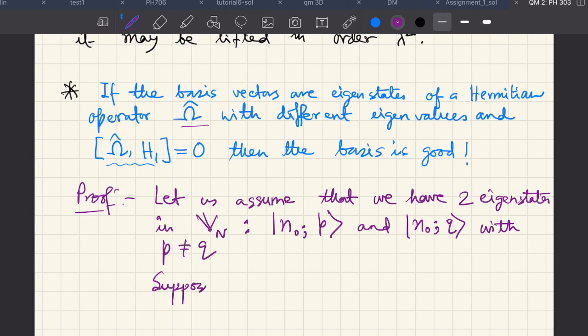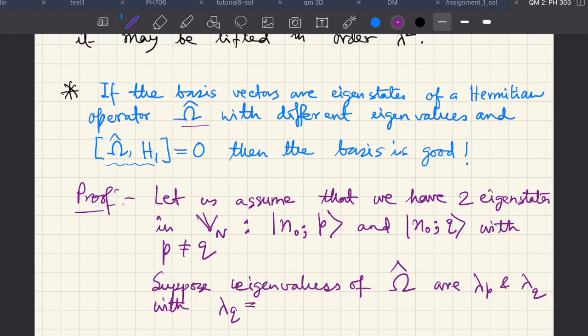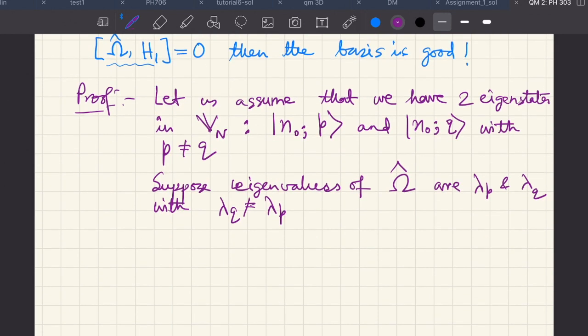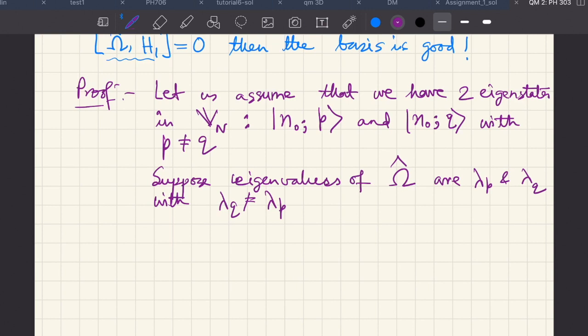Suppose eigenvalues of the operator omega are lambda p and lambda q, which are different from each other, lambda q is not the same as lambda p. Then what you get is this: you take this |n0,p⟩ state and you evaluate the matrix element of your omega, H1 commutator in this basis.